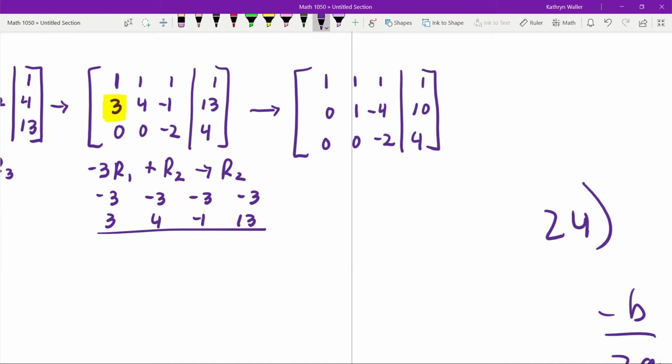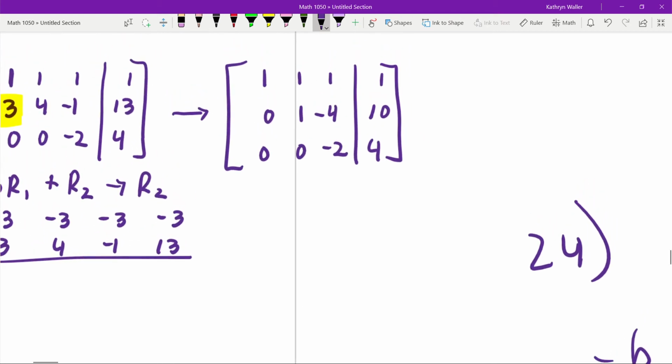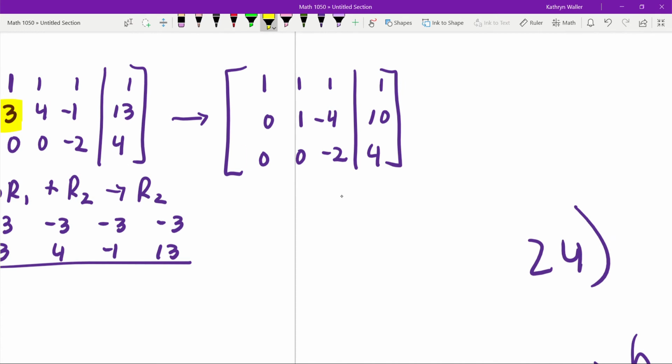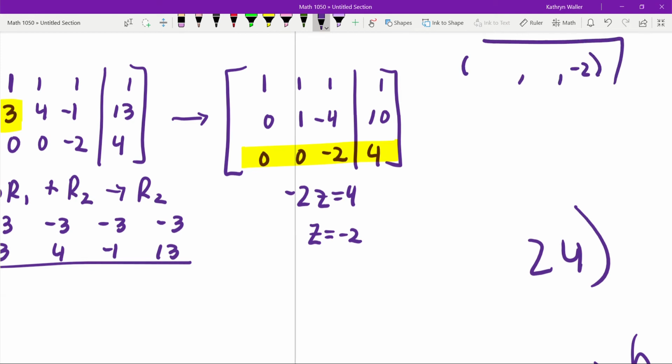Okay, so now what I do is I start at the very bottom right here and I write down what that equation is. That means 0 times x, I don't need to write that, plus 0 times y, I don't need to write that, minus 2 times z is equal to 4, so z is a -2. So now I can come right here, and where the z goes, I'm going to put in a -2.